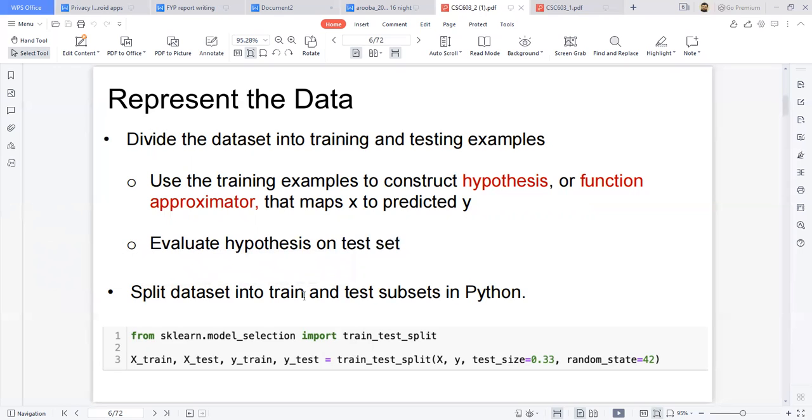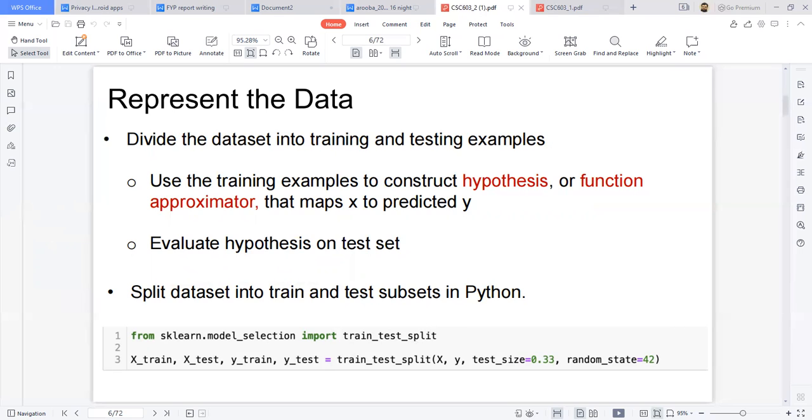Next, how do we split the data set into training and testing data sets in Python? We will use the sklearn library, which is scikit-learn. From sklearn.model_selection we import train_test_split.